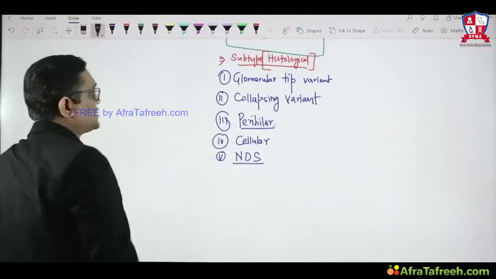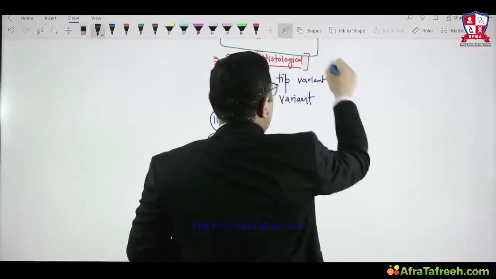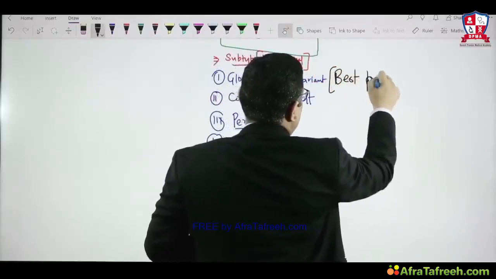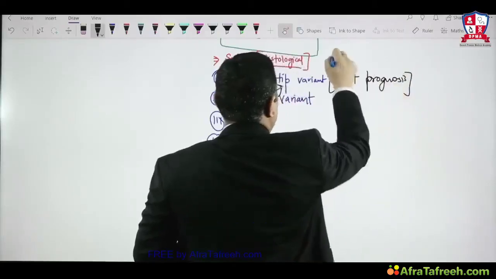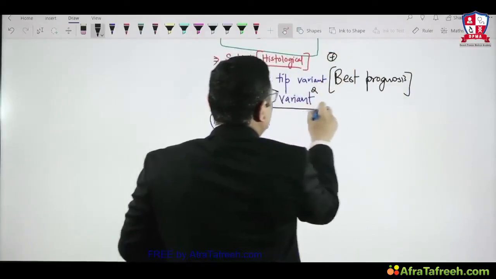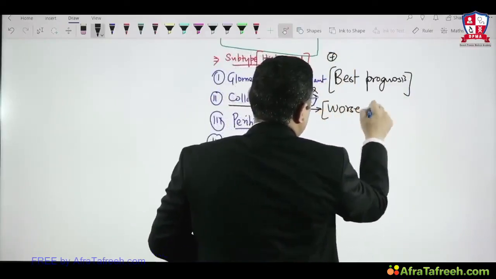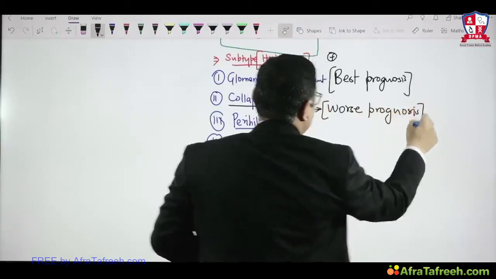What questions have examiners asked? The glomerular tip variant has the best prognosis. This can be a future question in your exam, because it was an older question. Which has the worse prognosis? The collapsing variant has the worse prognosis.